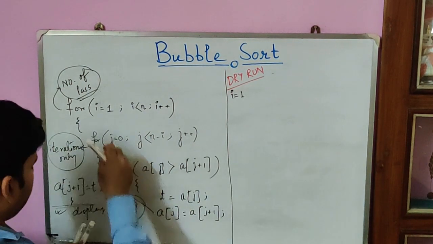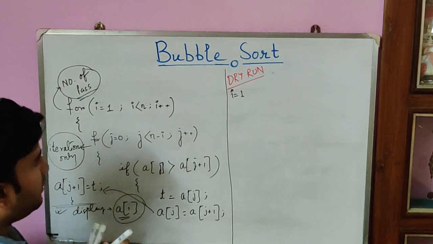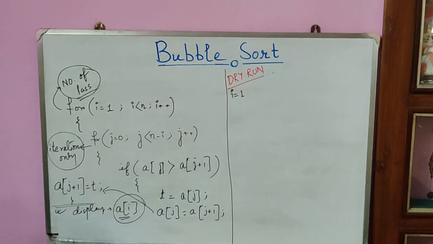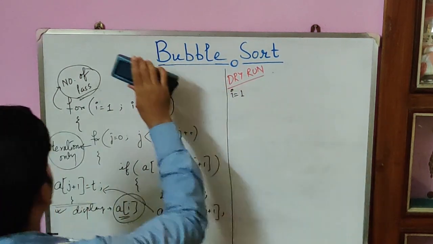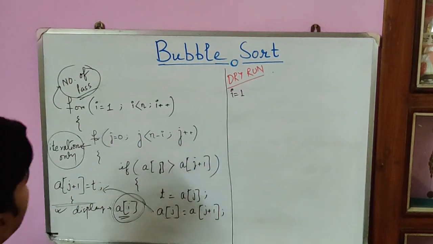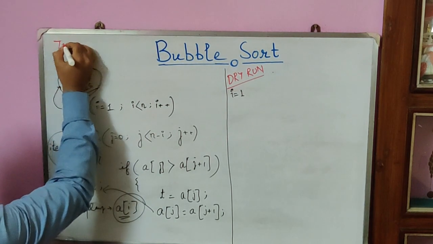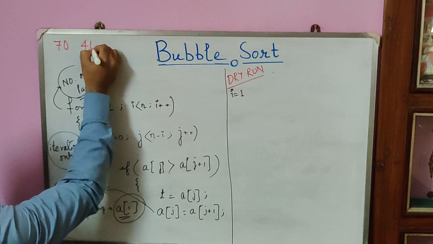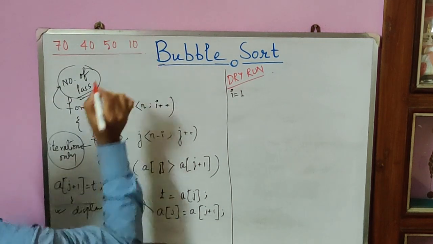Right now i value is 1. Just write here the elements 70, 40, 50 and 10. These are my elements, right?